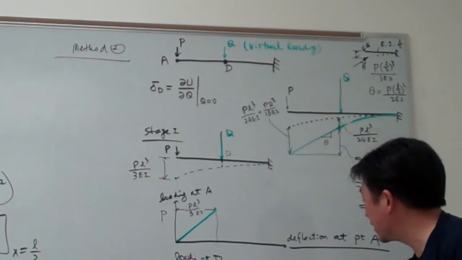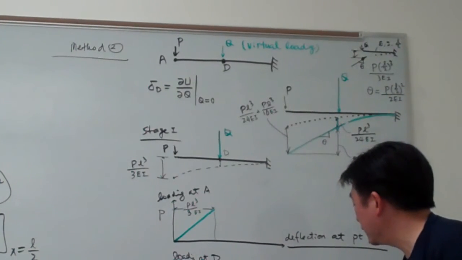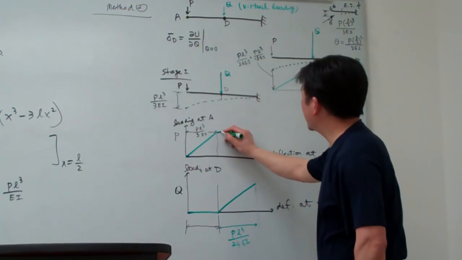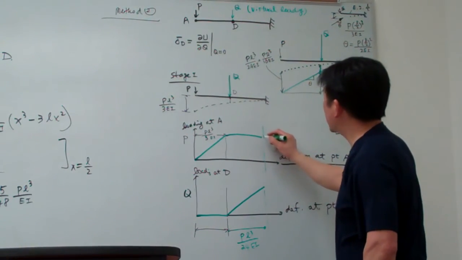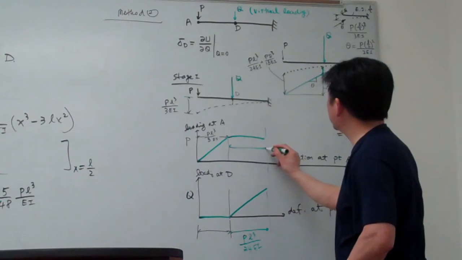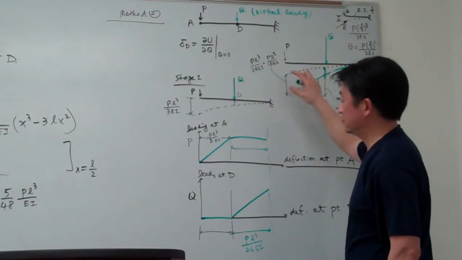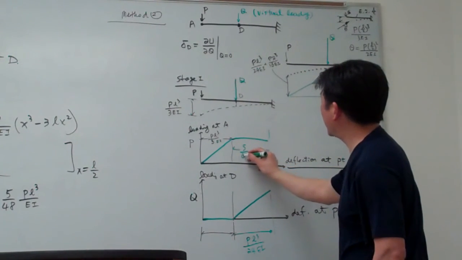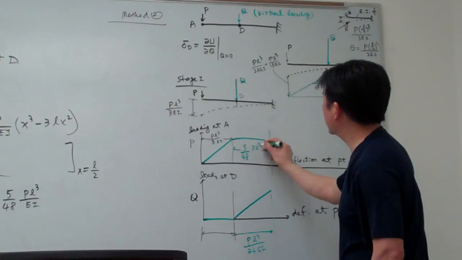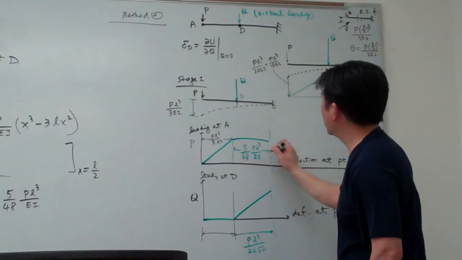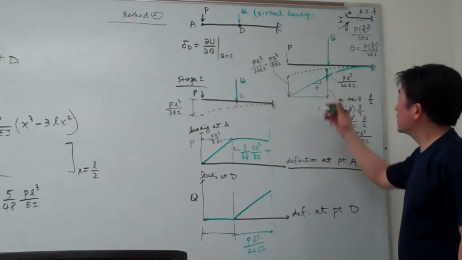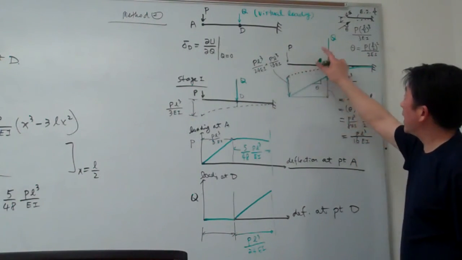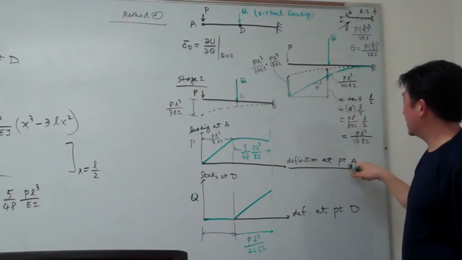That is PL cubed over 24 EI. But on top it's going to be that plus the other one, PL cubed over 16 EI. The top one here will be equal to this one. And how much is this one? That will be 5 over 48, PL cubed over EI. This one is contributed by loading Q happening at point A.